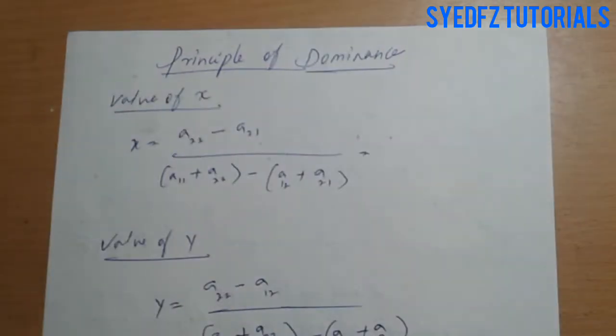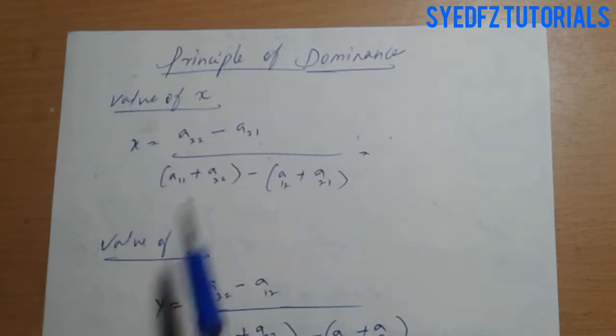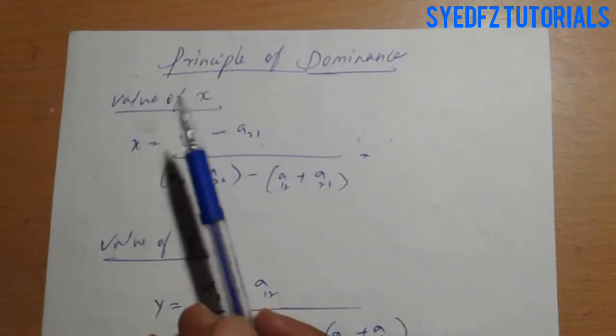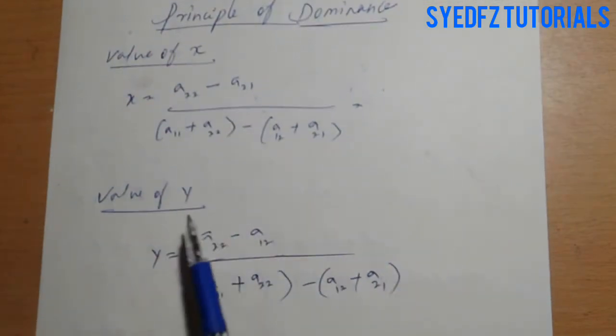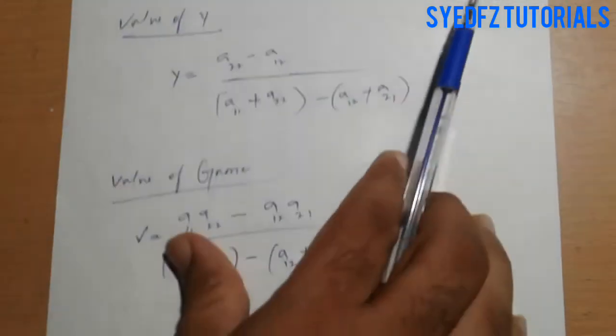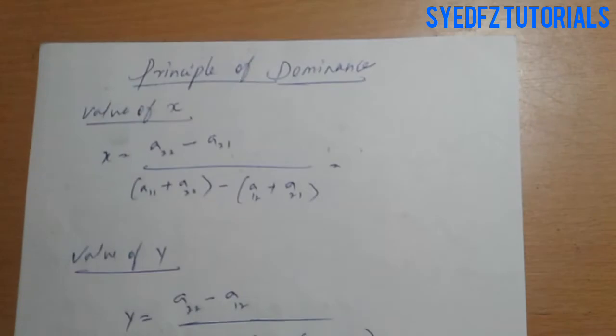Here are some formulas to find the value of x, the value of y, and the value of the game. The formula is pretty easy.